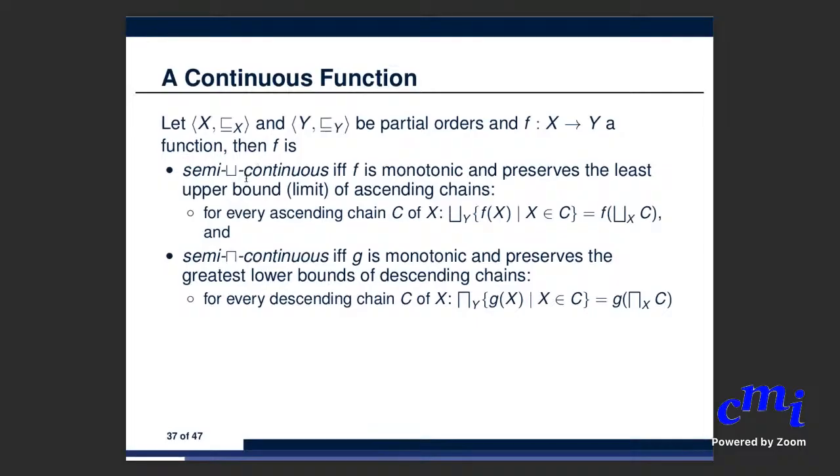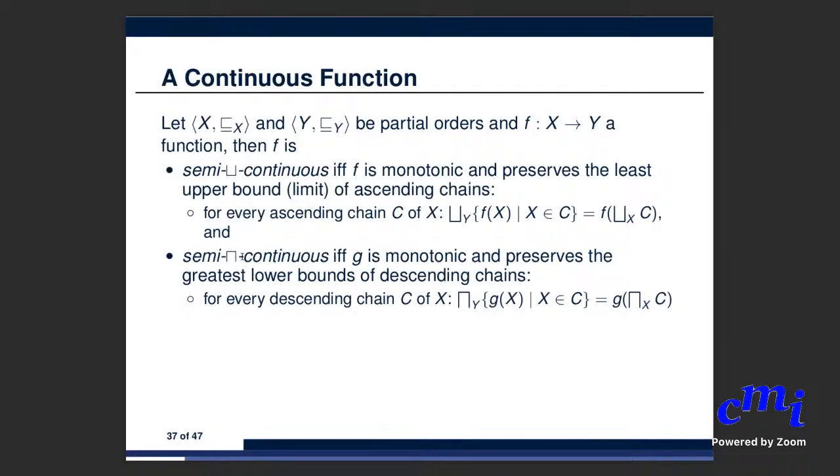So what is continuous? Most of you probably already know this. A function f mapping elements of a lattice X to Y is continuous with respect to the least upper bound if f is monotonic and preserves the least upper bound, which I also refer to as the limit of all ascending chains.